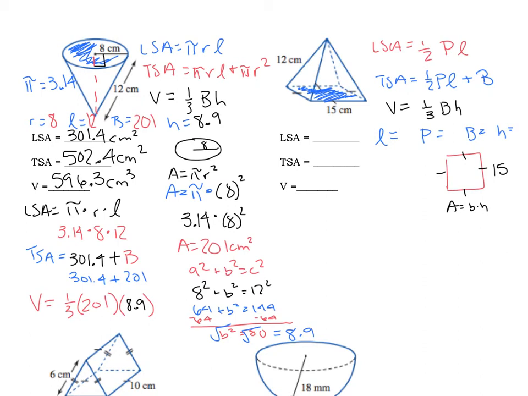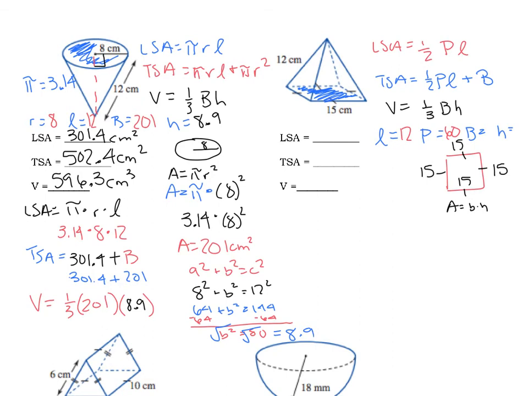The slant height, that's an easy one. That's given. It's 12. Now to find the perimeter of our base, notice I took the time to redraw it. They tell us that based on the markings there that the base is a square, so therefore simply doing 15 times 4 or 15 plus 15 plus 15 plus 15 gives me the perimeter to be 60.